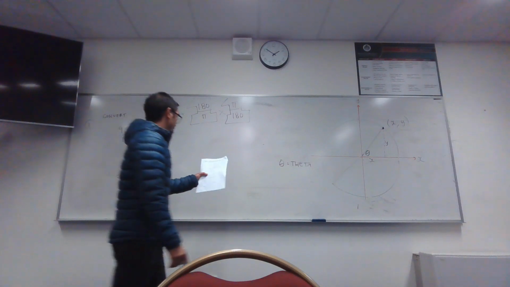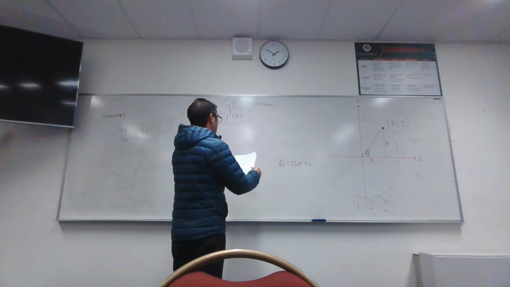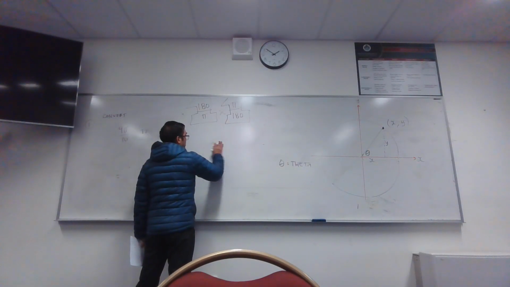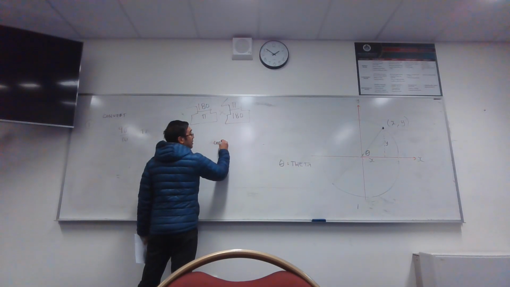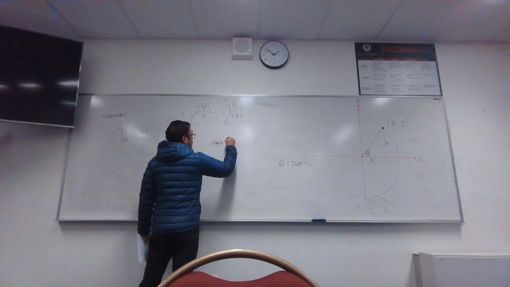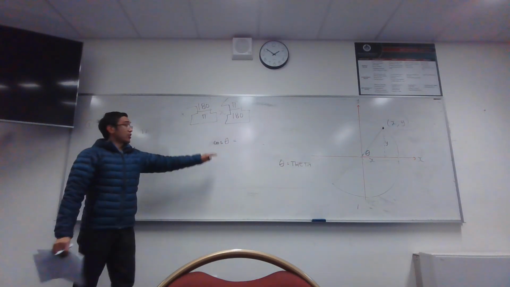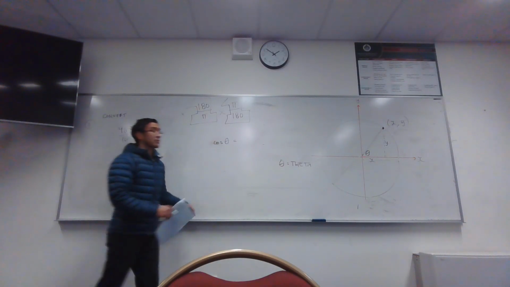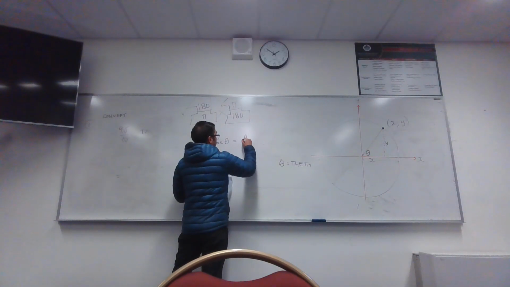So now let's do some maths. Obviously we're doing maths at the moment. Cosine theta. Do we remember what two letters are represented with cosine? Adjacent and the hypotenuse.